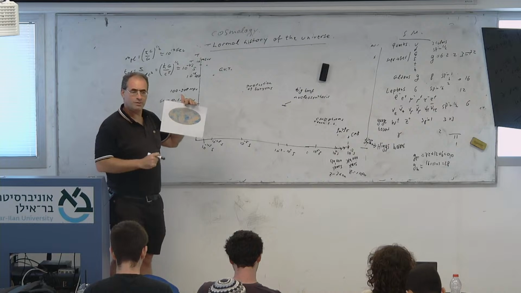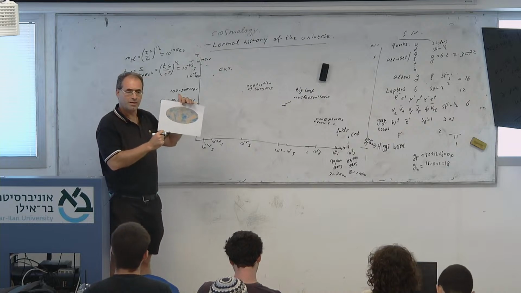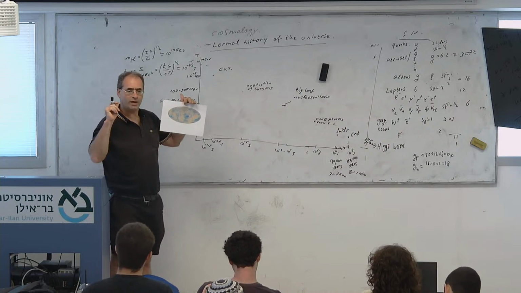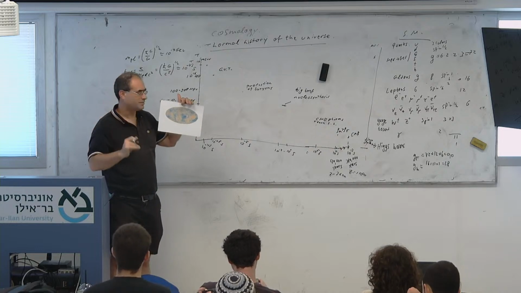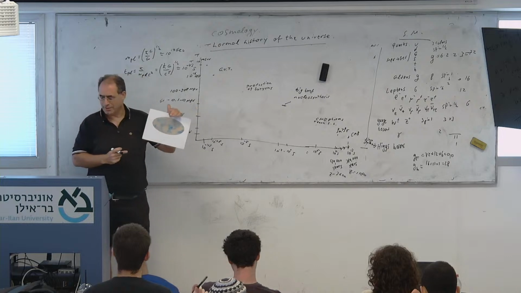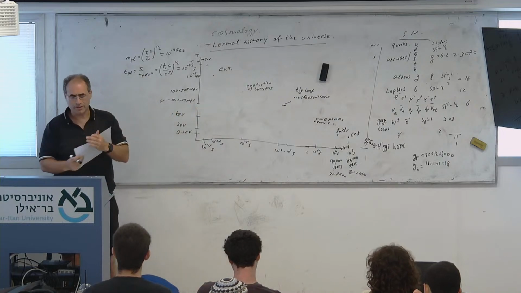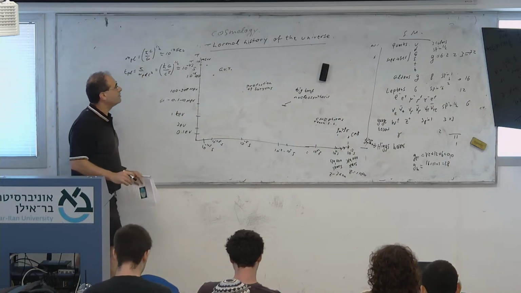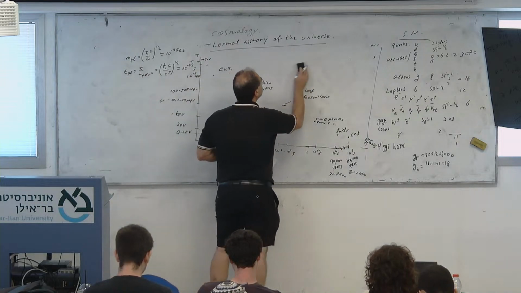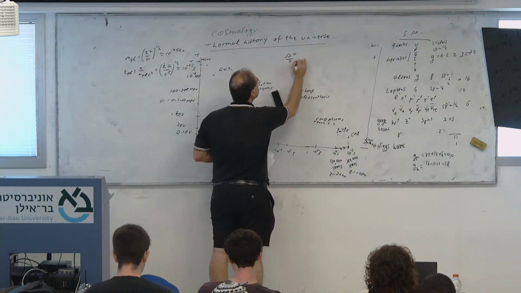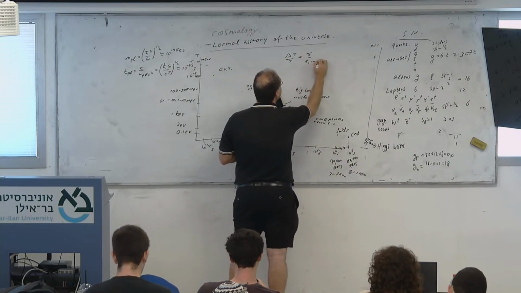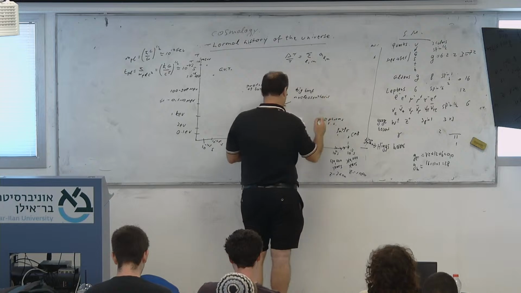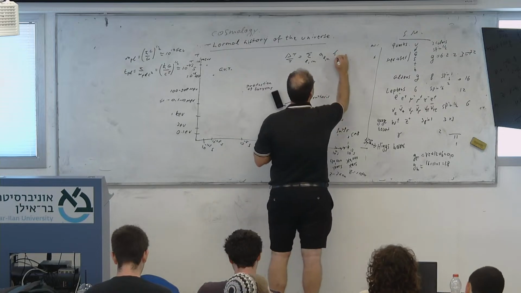Now what do we do when you see something like that? You did see Y_LMs, spherical harmonics? Yes. We do take that and write it in terms of spherical harmonics. So we write delta T over T as the sum over L, M of A_LM times Y_LM of theta and phi.